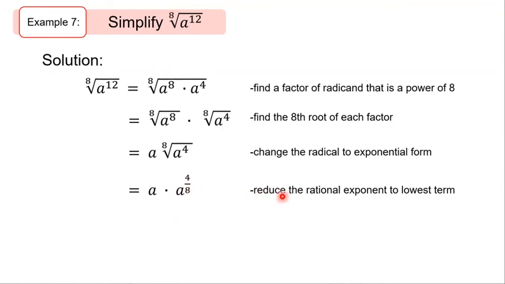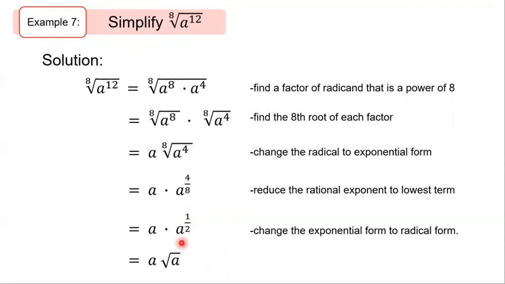And then, reduce natin itong ating rational exponent to its lowest term. So, itong a raised to the 4/8 power will become a raised to the 1/2. Copy lang itong ating a ulit natin kanina. And then, change the exponential form to radical form. Ibabalik na naman natin siya sa radical form.